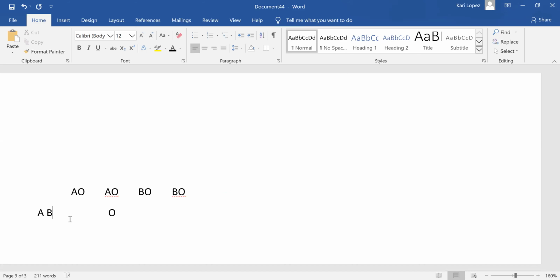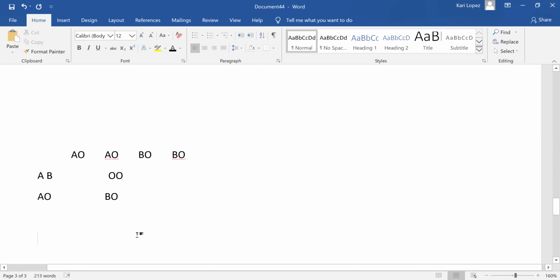So you can either have BO, or your other choice would be, I think you could also do AO and BO. But if it said 50%, that they had 4 children, the other way these would type out would be, let's see, AO and BO.